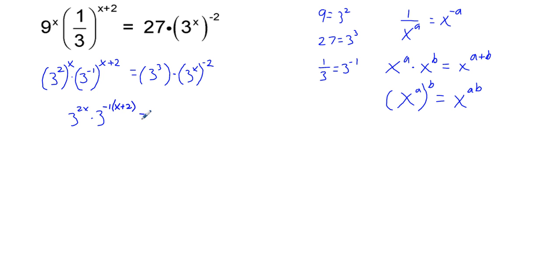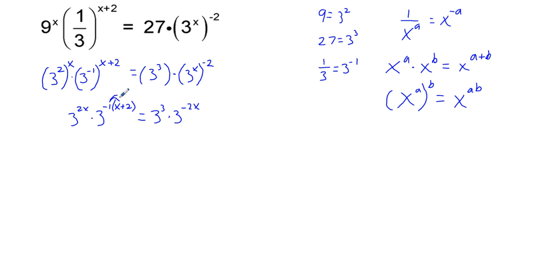And then on the right side of the equation, we're going to have 3 cubed, which I'm taking outside the parentheses, times 3 to the negative 2 times x, or 3 to the negative 2x. And then next I'm going to do a little bit of simplifying on this one right here.